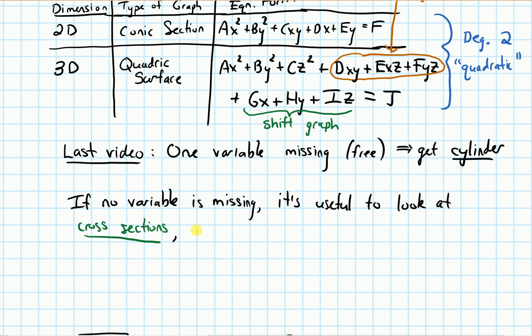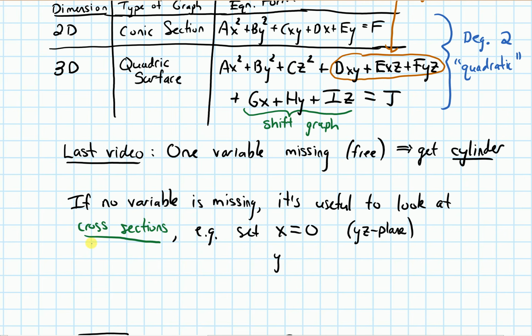Okay, so for example, doing things like setting x equal to 0. So x equal to 0 is looking at the yz plane and thinking about, well, when is our graph going to meet the yz plane? Or when does it intersect the yz plane?